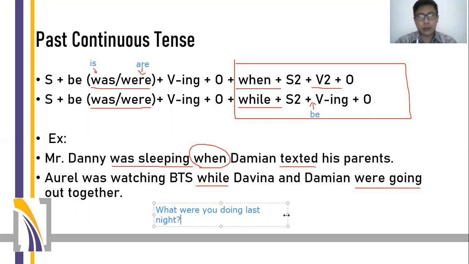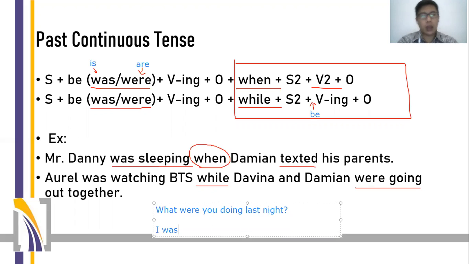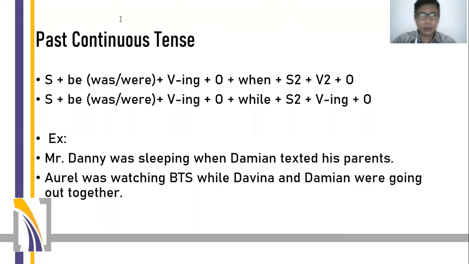And then you could answer it with, I was playing video games. You don't need anything else, just until there. It depends on the question, really. But if you want to explain something, you need to use these when and while. Okay, I think that's it for past continuous tense.